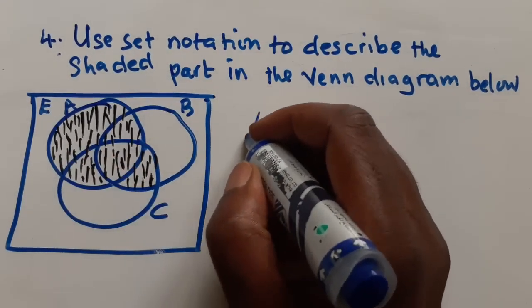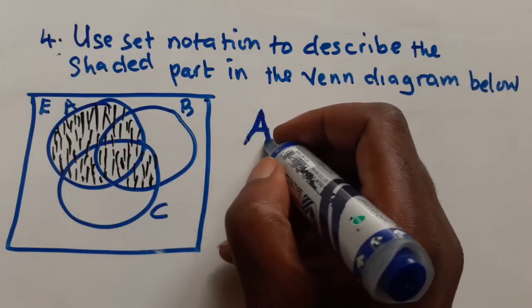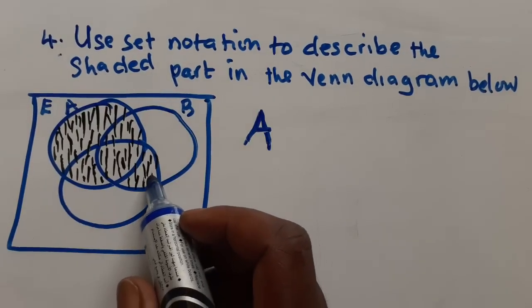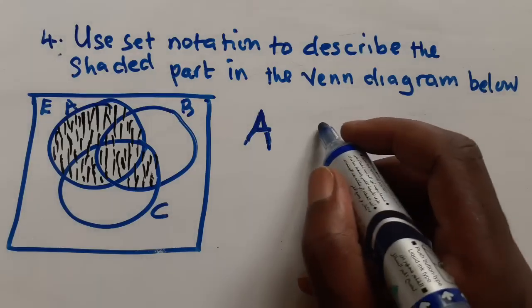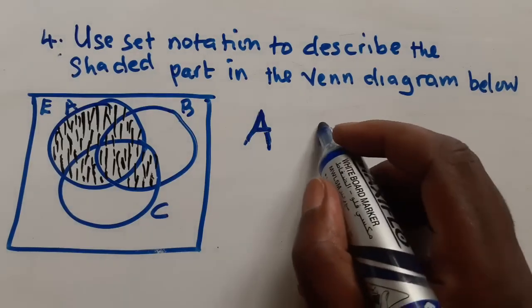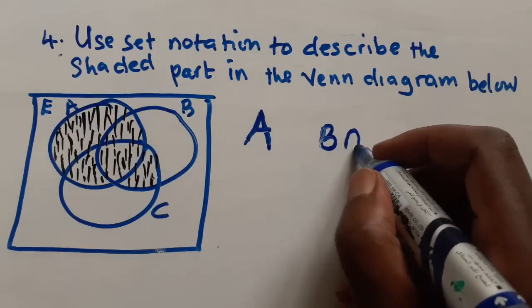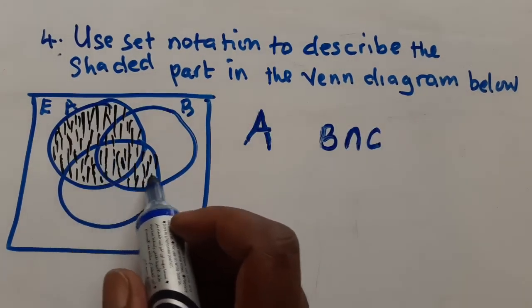So set A is shaded in totality. And then when you come to this extension part that is shaded here, what is this? This is B intersection C. This other part that is shaded here.